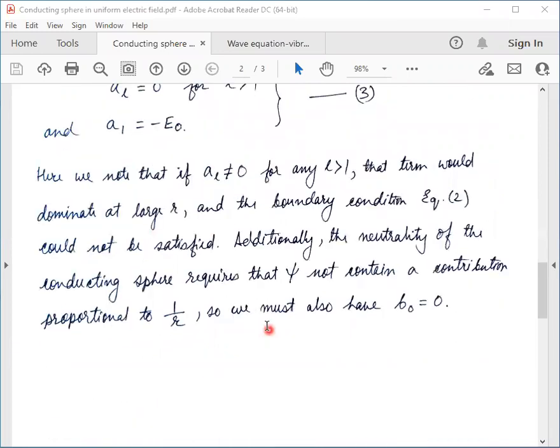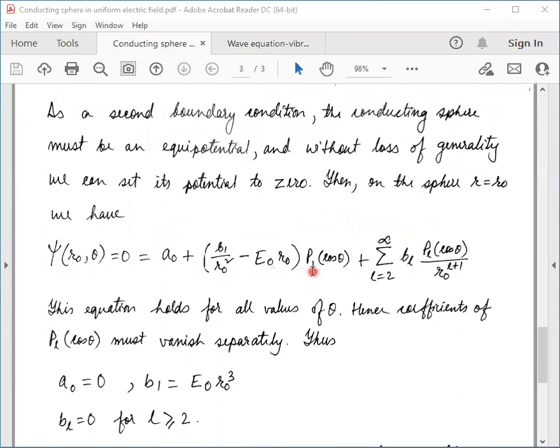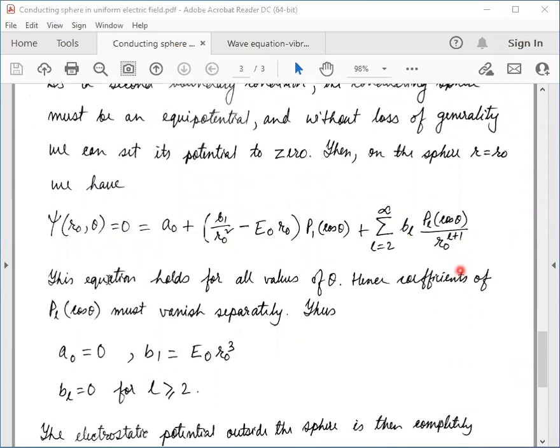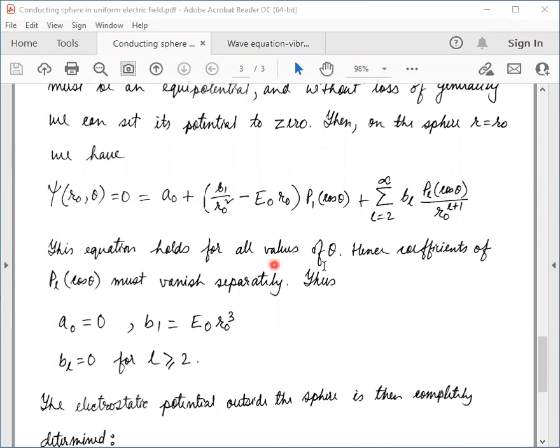So that is minus E0 R0 P1 cos theta, plus the sum from L equal to 2 to infinity of B_L P_L cos theta by R0 to the power L plus 1. This equation holds for all values of theta. This means the coefficients of P_L cos theta must vanish separately.